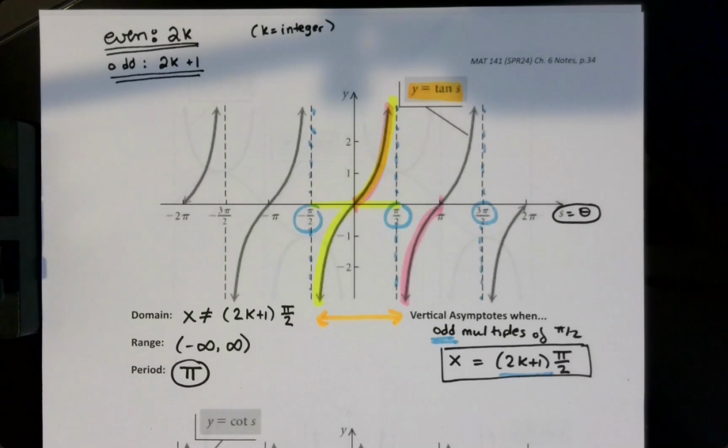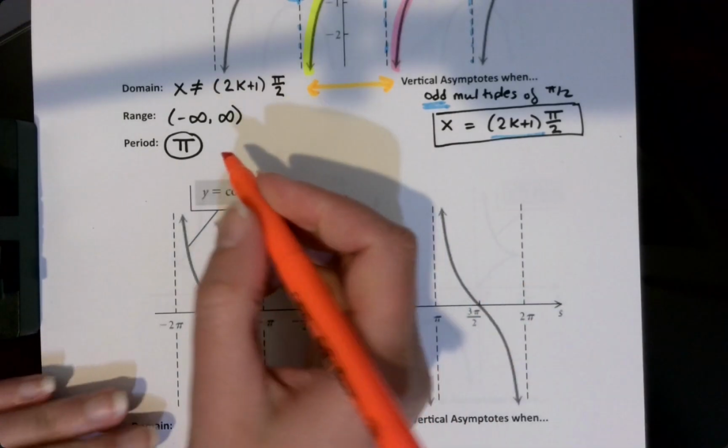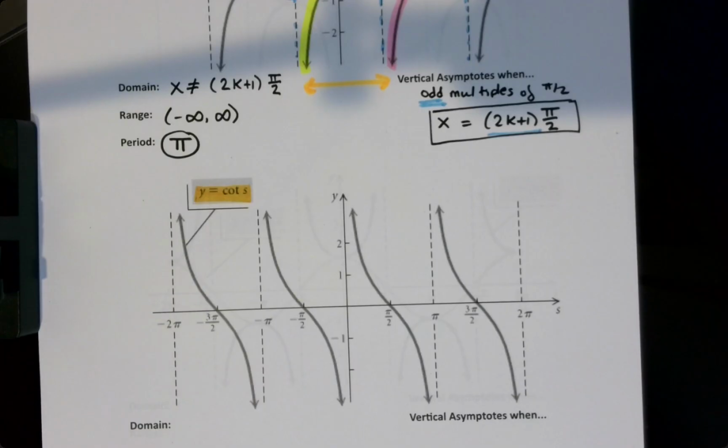Okay. After looking at tangent, we're going to look at cotangent, since tangent and cotangent are going to have very similar properties. So this is what cotangent looks like. It looks a lot like tangent, but it is the reciprocal. So it does have some differences.